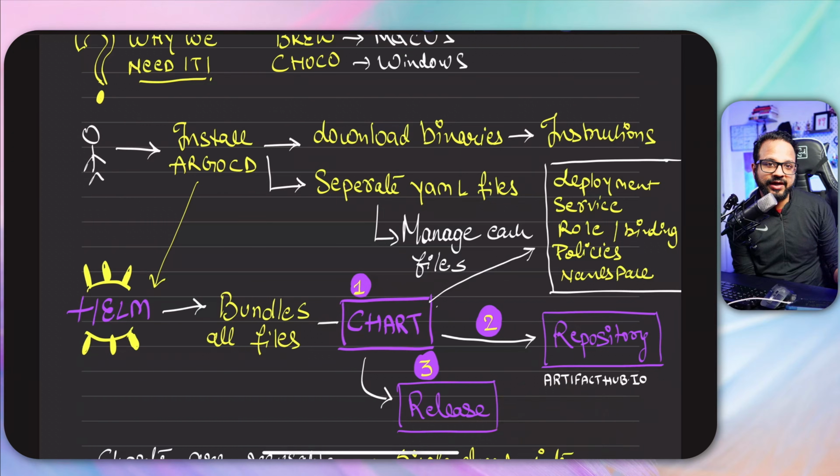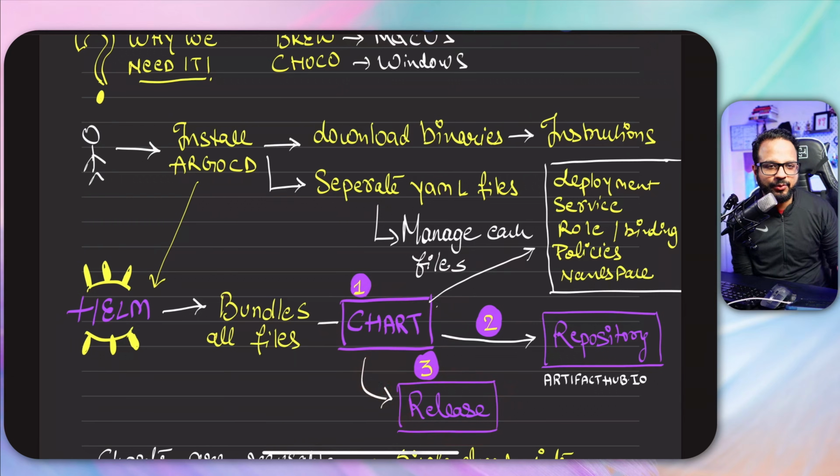But when you actually create a container from it, it becomes a running instance of the Docker image, right? Similarly, in Helm, a chart is nothing but a package, a bundle of files, and when you execute that chart, you get a release, which is a running instance of the chart.